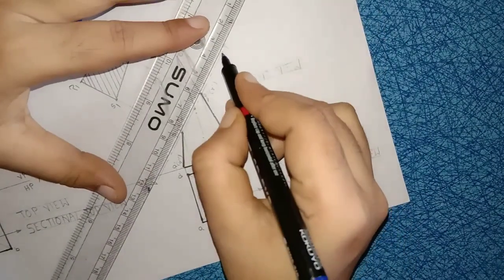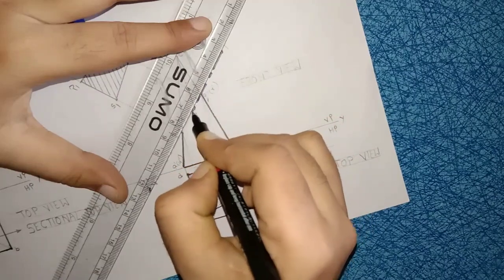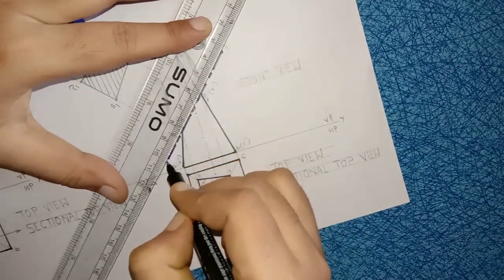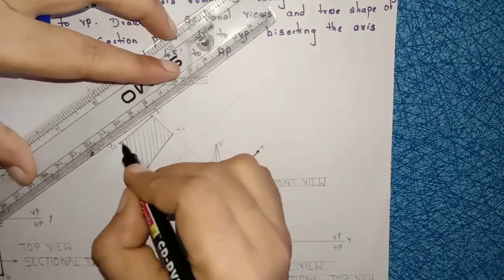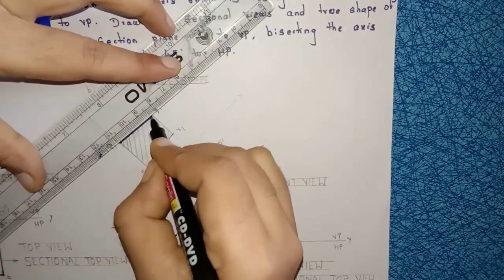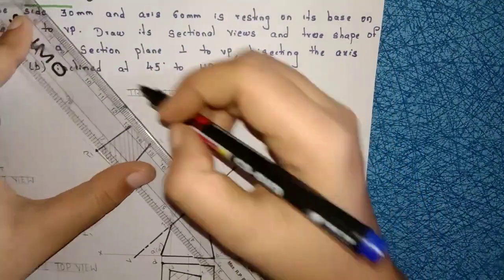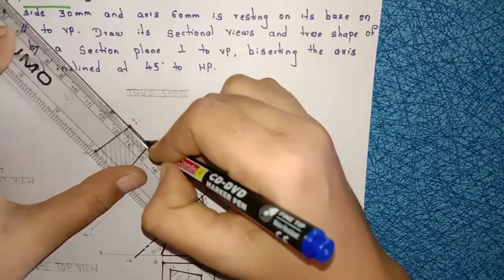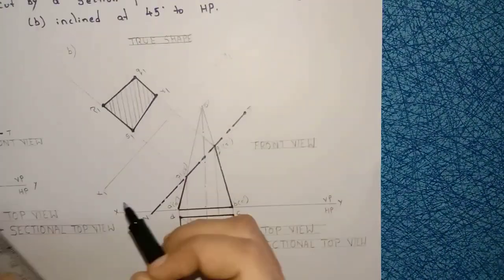Right, and this is your sectional plane which is inclined at 45 degrees to HP bisecting the axis. Right? And after that, this is your true shape of the section. After completion of your problem, whatever part we are removing, that part should be in light manner and the total problem should be in dark manner.